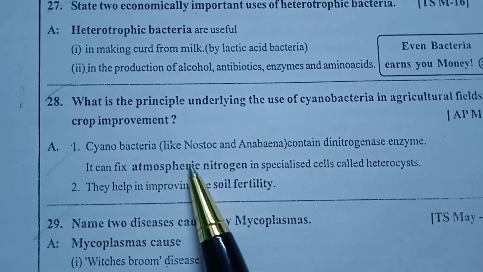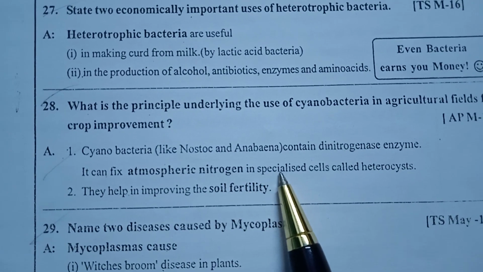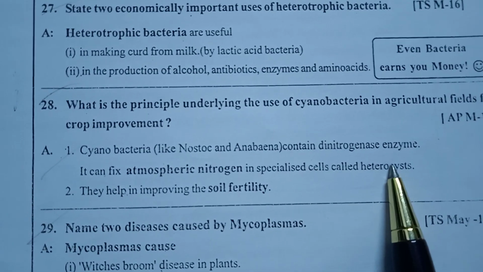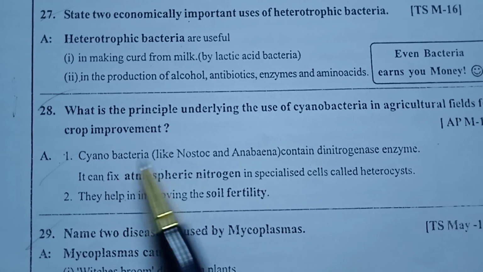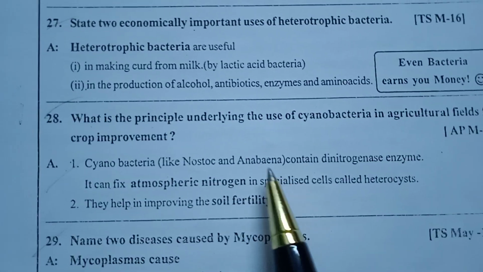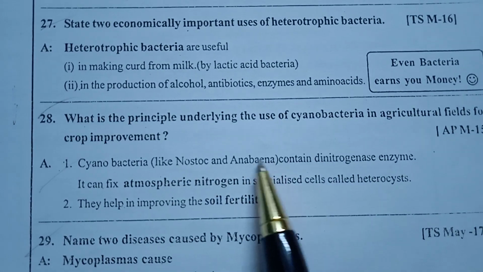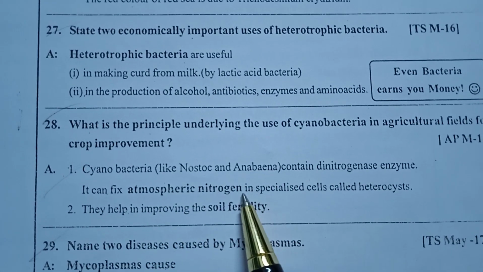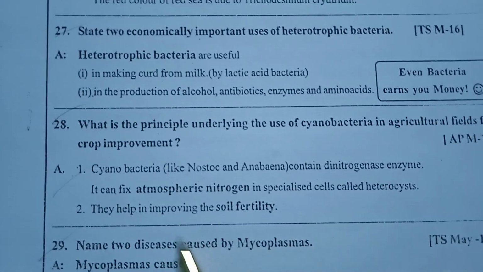It can fix atmospheric nitrogen in specialized cells called heterocysts. Nostoc and Anabaena fix atmospheric nitrogen in specialized cells called heterocysts.